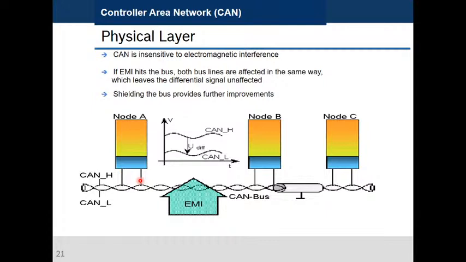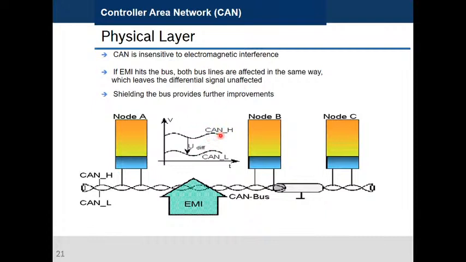If you see here, CAN is insensitive to electromagnetic interference. If EMI hits the bus, both bus lines are affected in the same way, which leaves the differential signal unaffected.